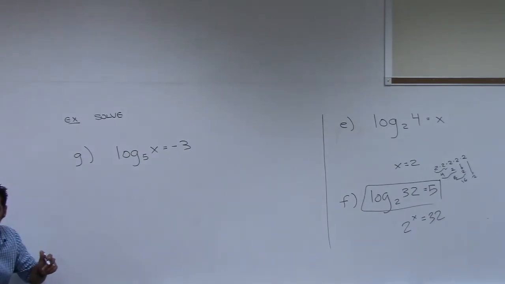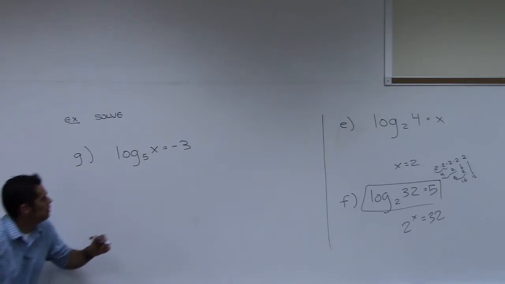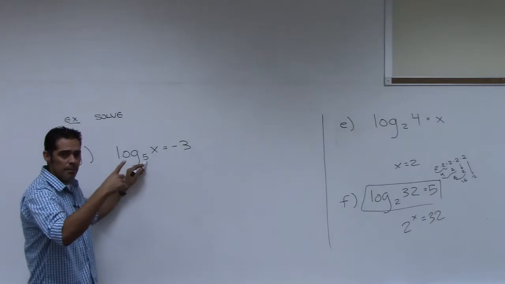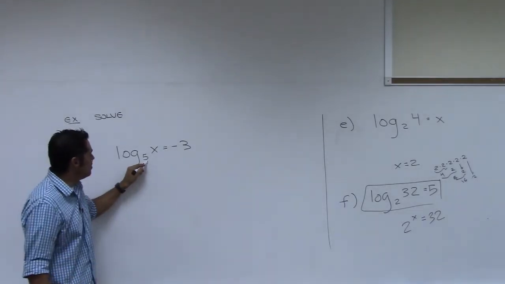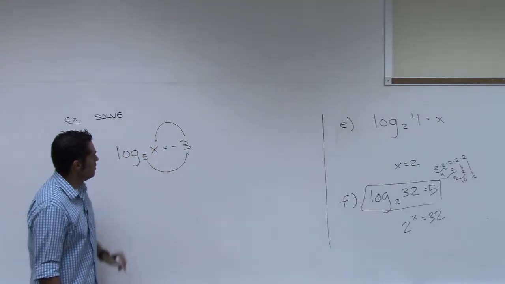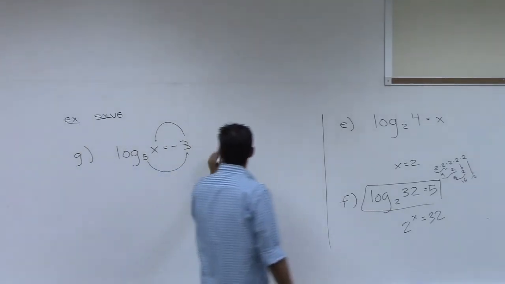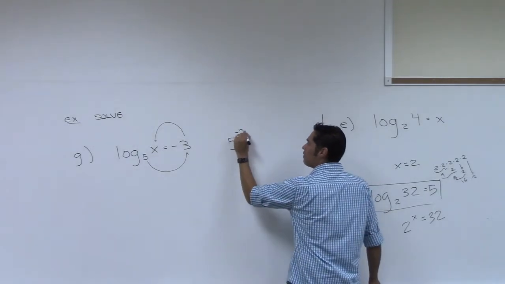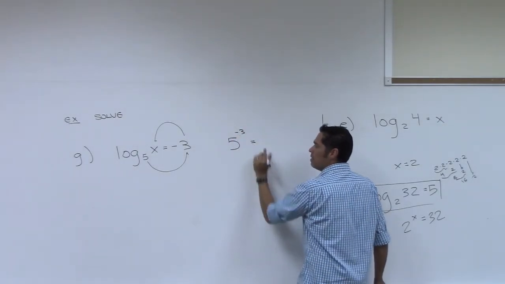Say it again. 5 raised to the negative 3. How are you doing that? Okay, so do you remember I said that little loop thing? Look at what the little loop tells us. The little loop is saying to us 5 raised to the negative 3 equals x.